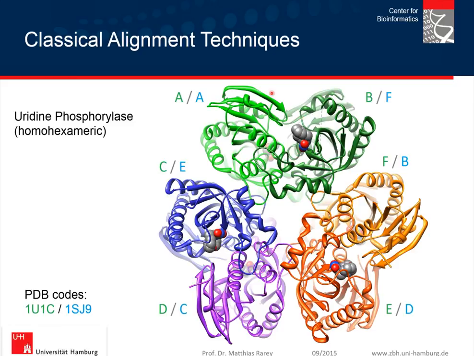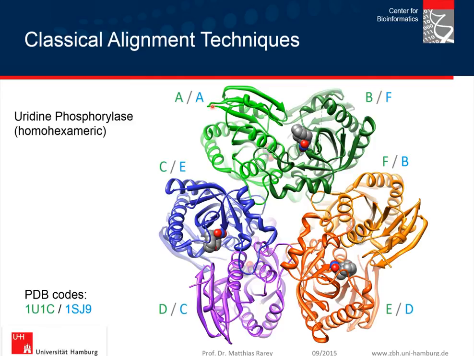A sequence alignment can always just consider one part of it, one domain and not the other, and that certainly makes a problem if you have binding sites which are located somehow between parts or between different sequences.